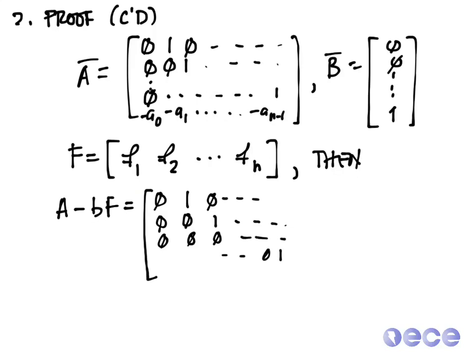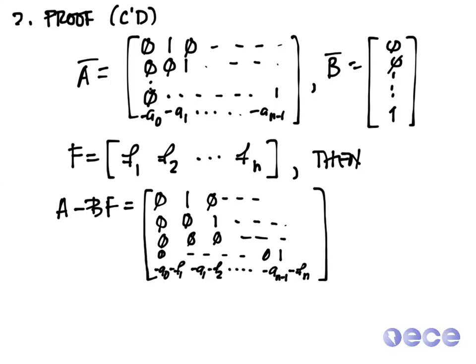So here we'll still have a 1, all zeros here. And now finally we'll have minus A0 minus F1, minus A1 minus F2, etc., until we get to minus A(n-1) minus F sub n. So this gives us our feedback matrix once we've calculated A minus BF.